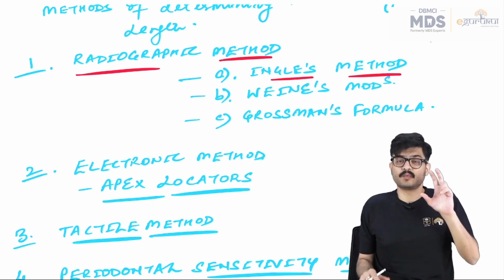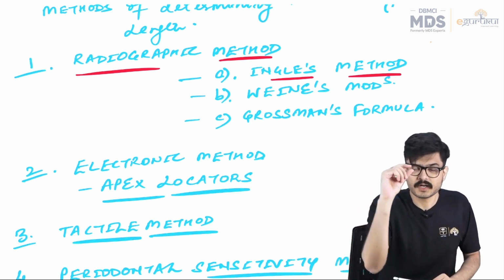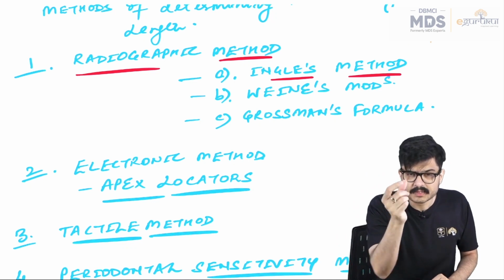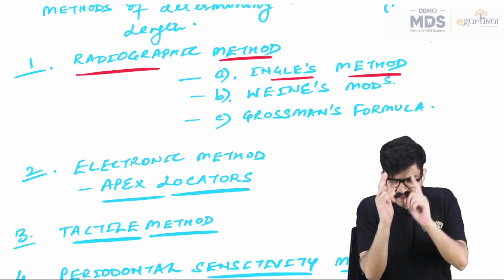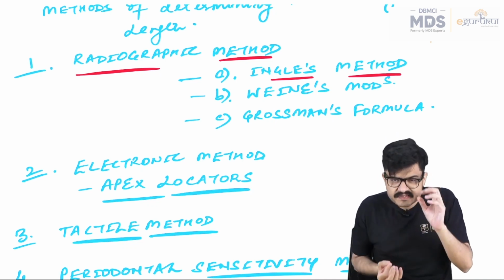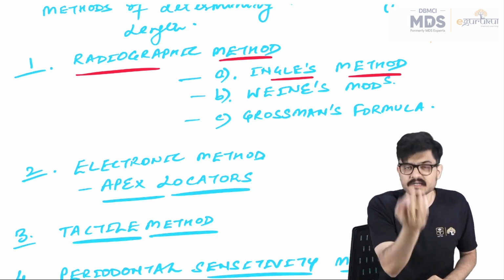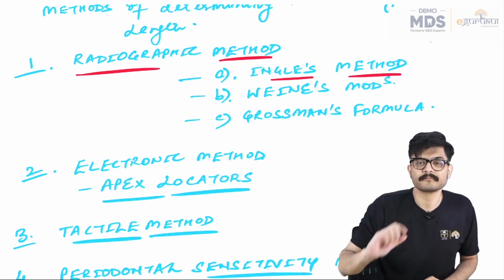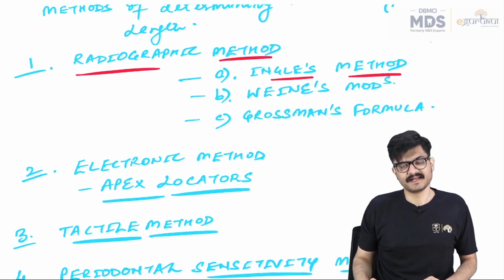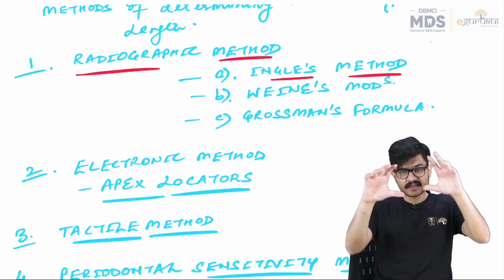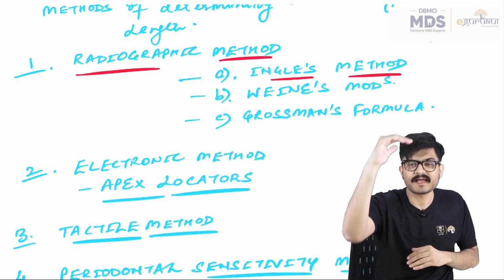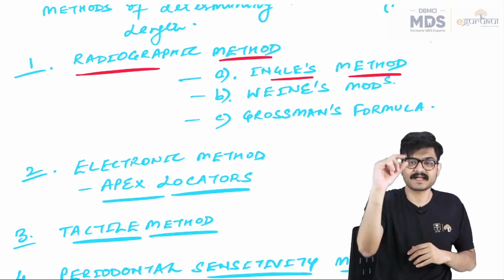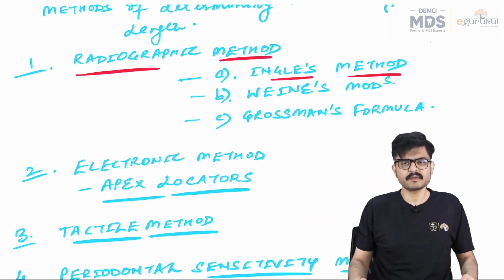Simple. Now with your endodontic file or reamer and your silicone rubber stopper set at 19 millimeters, you insert that file inside the root canal and shoot another X-ray. Now, when you develop that X-ray, if the distance between the tip of the file and the tip of the root is exactly 1 millimeter, that's your final working length.